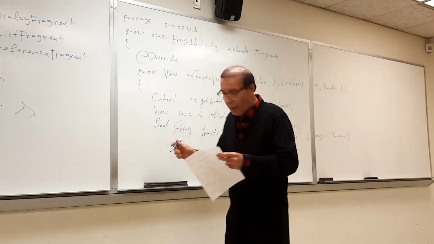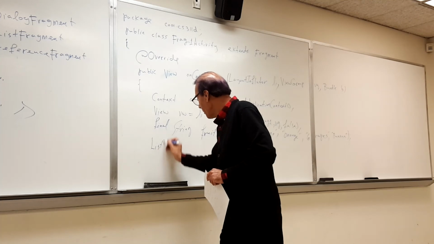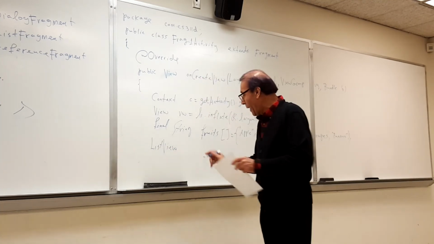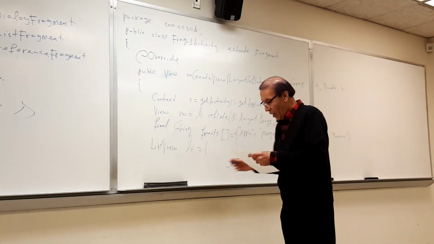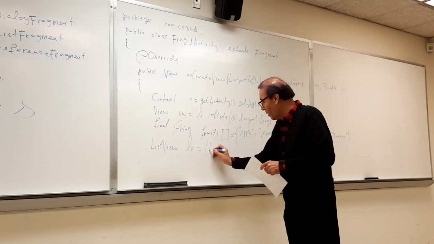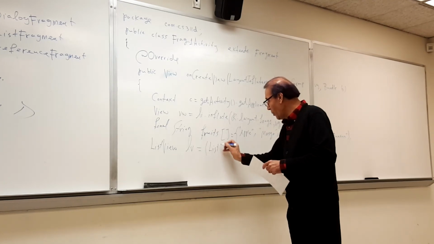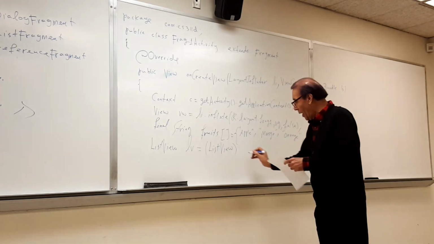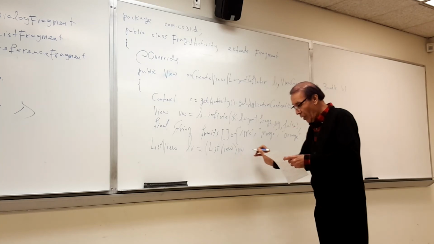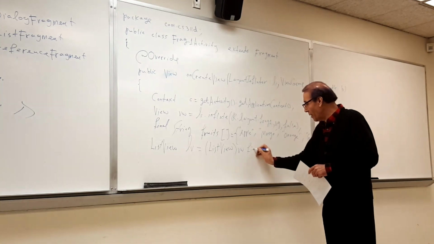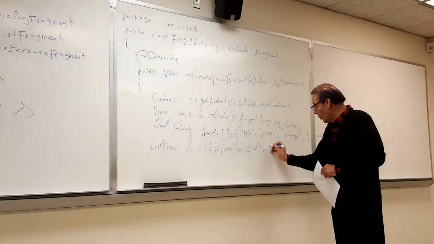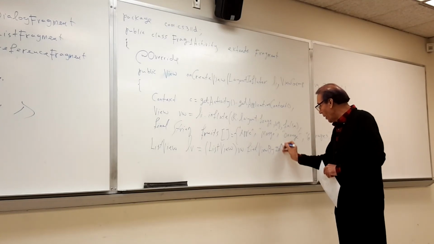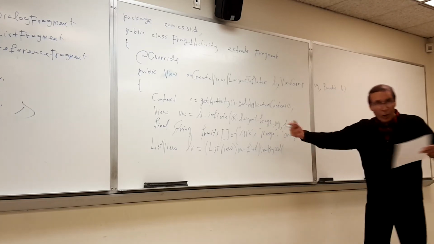Okay? So make a list view, okay? List view LB equal list view VW dot find view by ID, and we're going to put the address that we have.